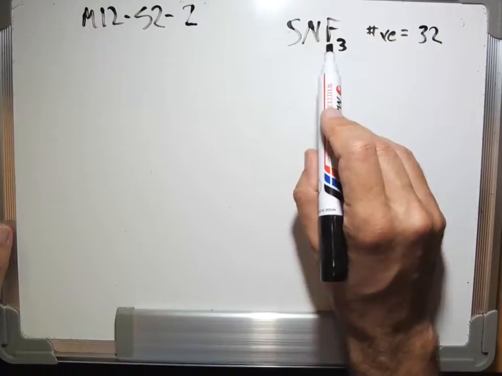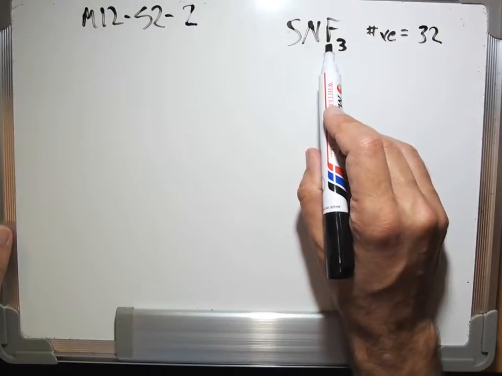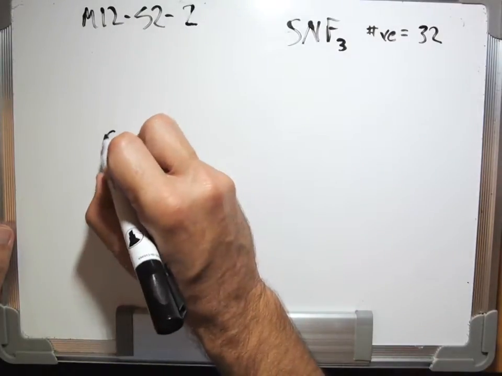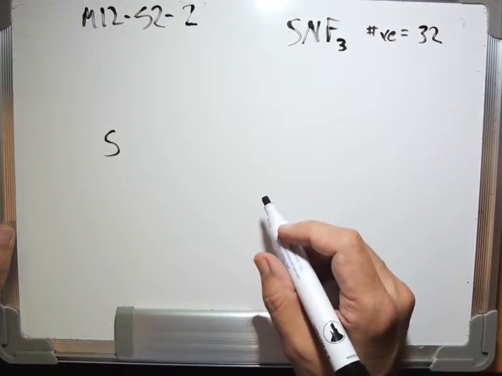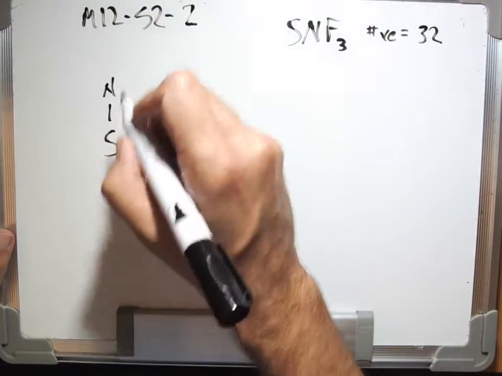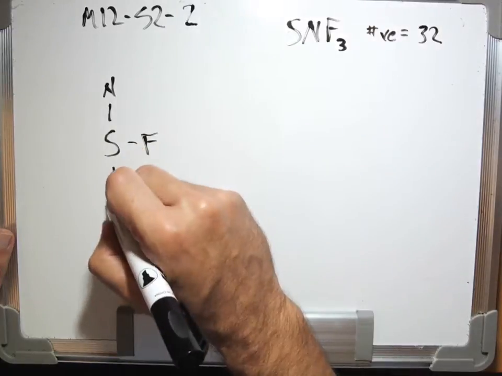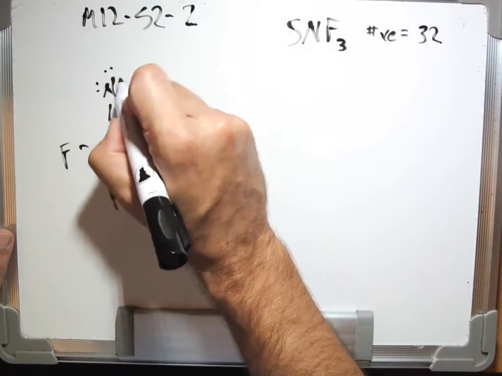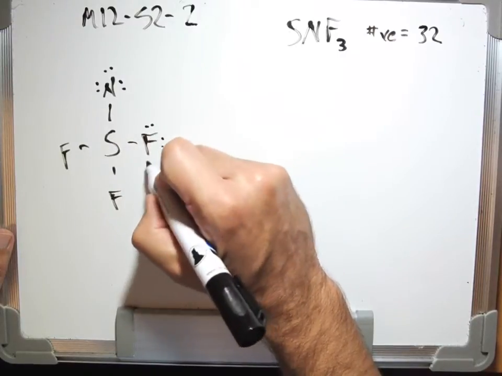All right, fluorine being the most electronegative element on the periodic table, we would not expect it to be our central atom. Sulfur, less electronegative than nitrogen. So let's place that sulfur in the middle as our central atom. Let's attach the adjacent elements. And let's give everything an octet that needs an octet.